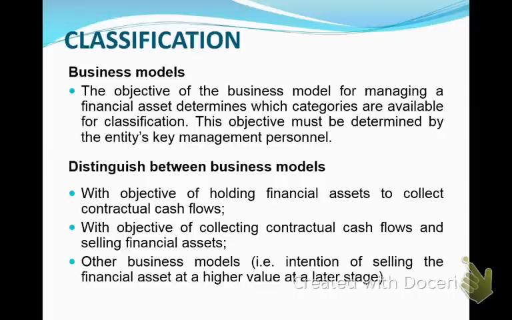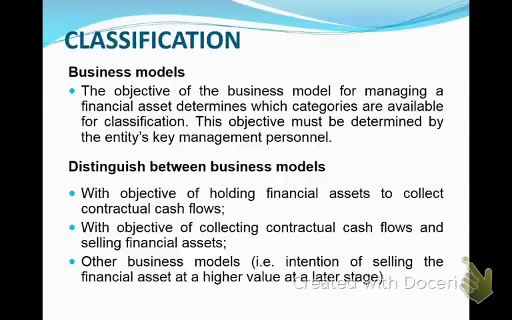This objective will be determined by the key personnel of the company. Now we have to distinguish between 3 business models. Firstly, the objective of holding financial assets to collect contractual cash flows. In other words, you hold a financial asset and you collect cash flows out of this asset as well as the capital in the end.